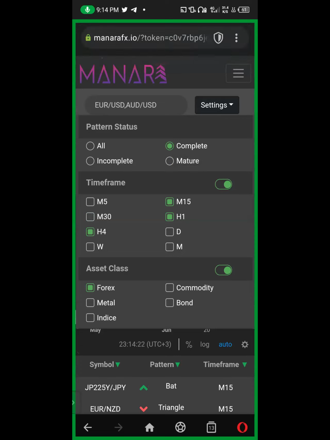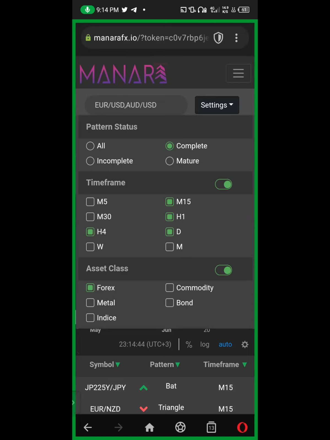So just choose the 15 minutes, 1 hour, 4 hour, and daily. Okay, guys, remember the choices I made just now: M15, H1, H4, and D. Those are the ones you choose.